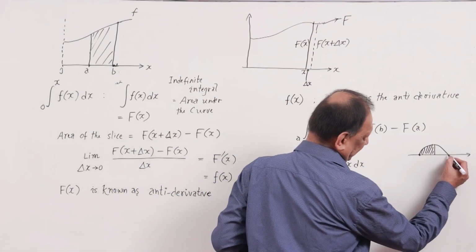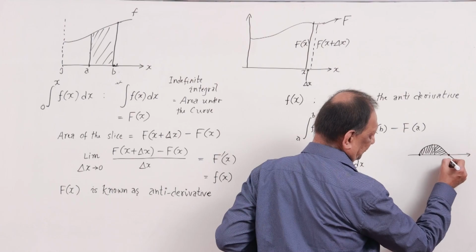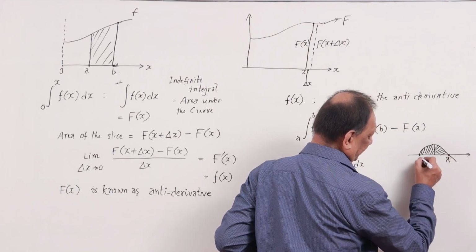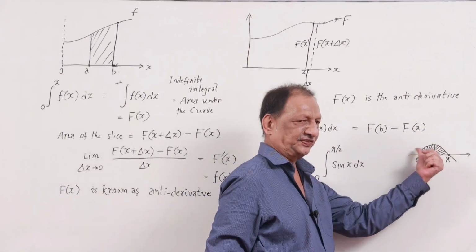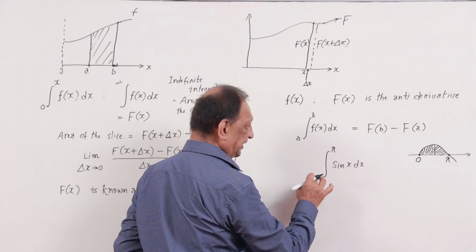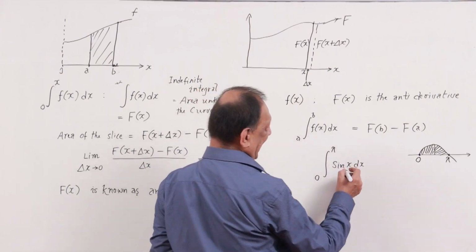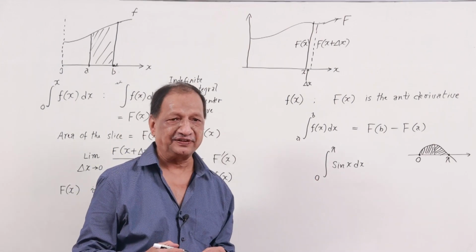Or you can go till pi also if you want, which will include the other part. So this is pi. Sin pi is 0, sin 0 is 0, sin pi by 2 is 1. So I want to find the area under the sine curve between 0 and pi. How do you find it? Integral 0 to pi of sin x dx. I need the antiderivative of sin x now. So what is the antiderivative of sin x?